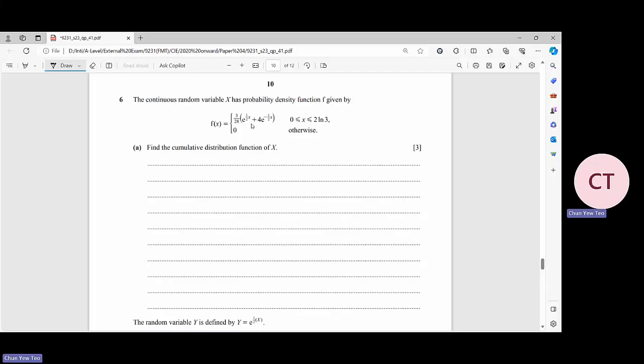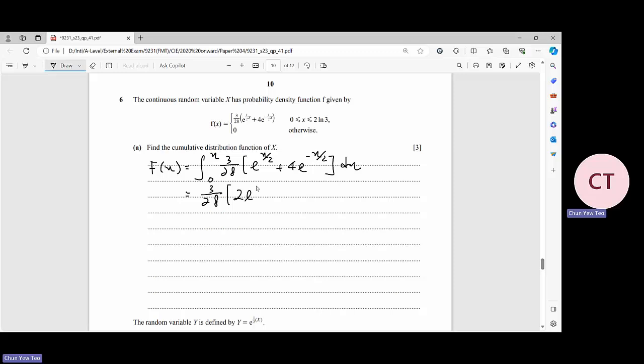Okay, now we are going for question number 6. The continuous random variable X has a probability density function f given by the following. We want to find the CDF. So to find the CDF, as usual, we will integrate from 0 until x, 3/28 times e to the power of half x plus 4e to the power of negative half x. The 3/28 I take out.